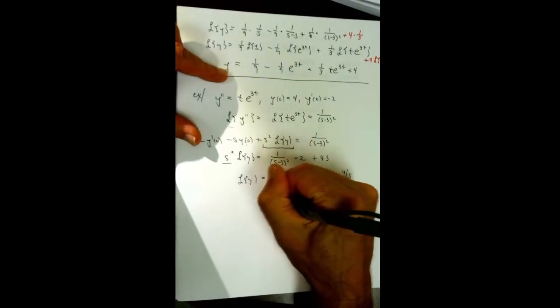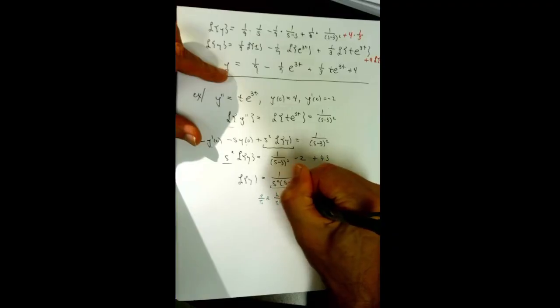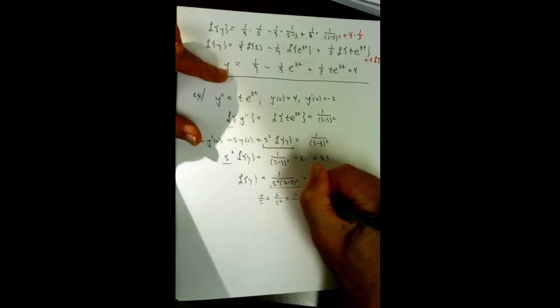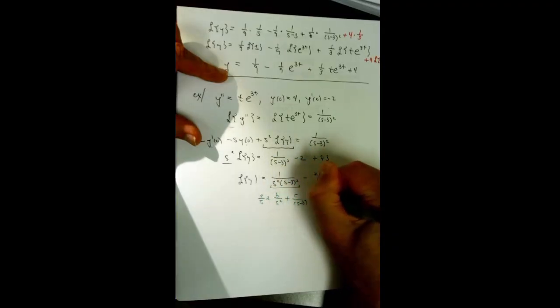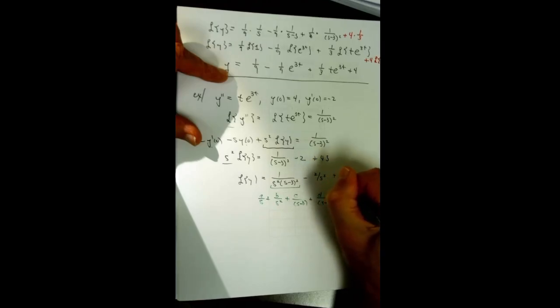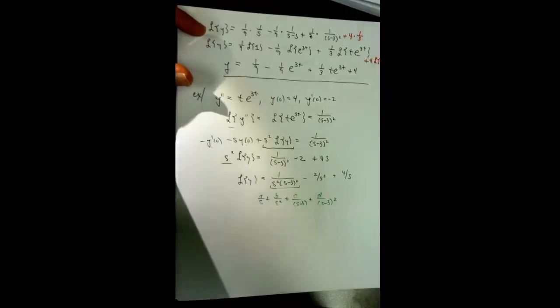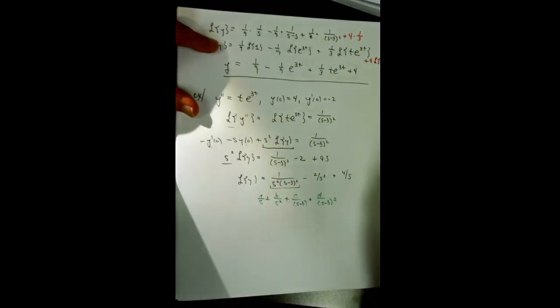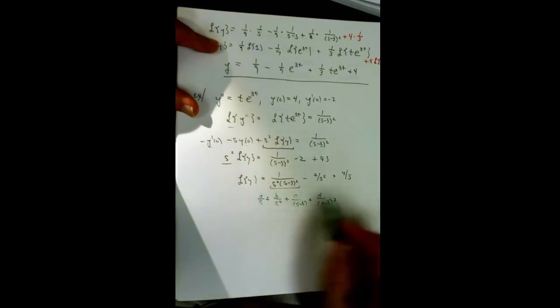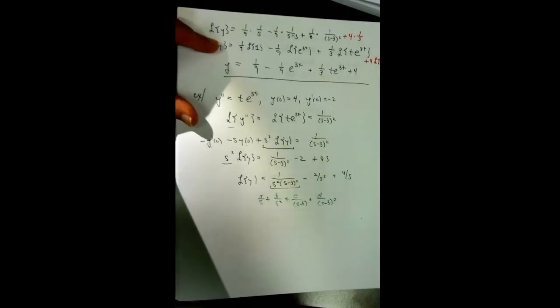So a over s plus b over s squared plus c over s minus 3 plus d over s minus 3 squared. All right, I'm not going to go through and show you how to figure out what a, b, c, d are, simply because you should be able to do this by now, and it's very tedious.